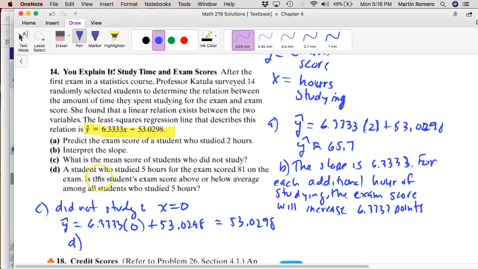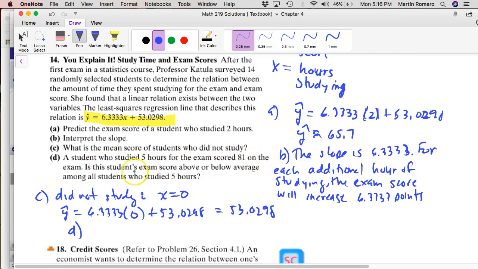And then part D. A student who studied 5 hours for the exam scored an 81. Is this student's score above or below average? So what we're going to do in this place, we're going to predict what we would think a student would get if they studied 5 hours. And so if you substitute 5 into that equation, you get a score of 84.7.